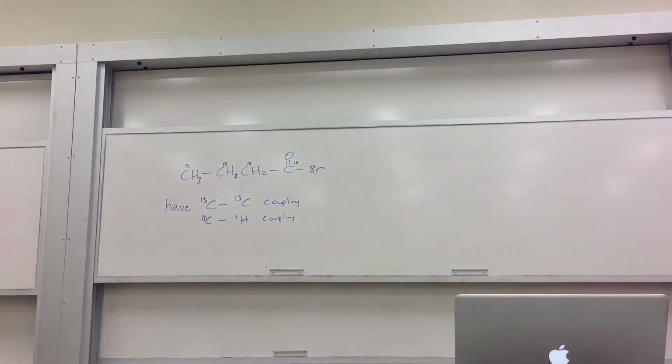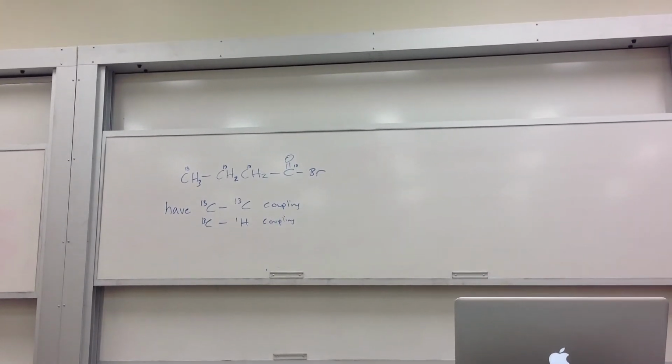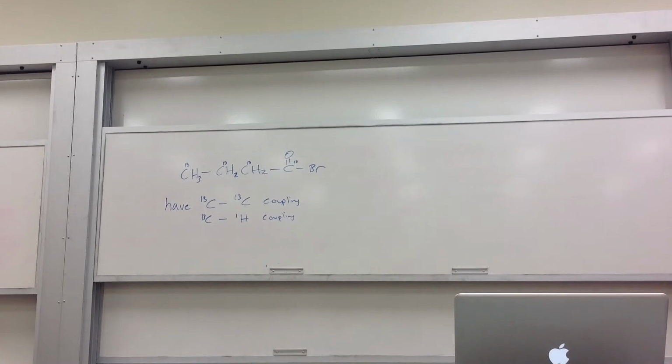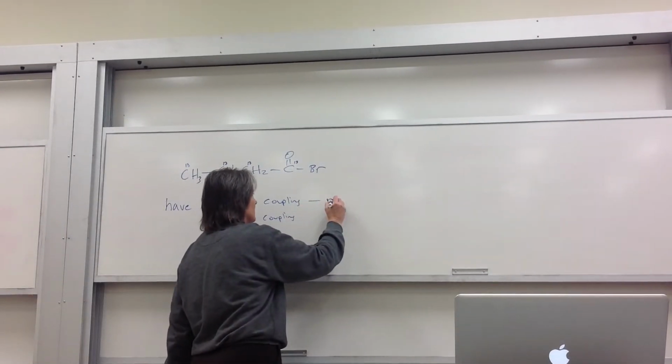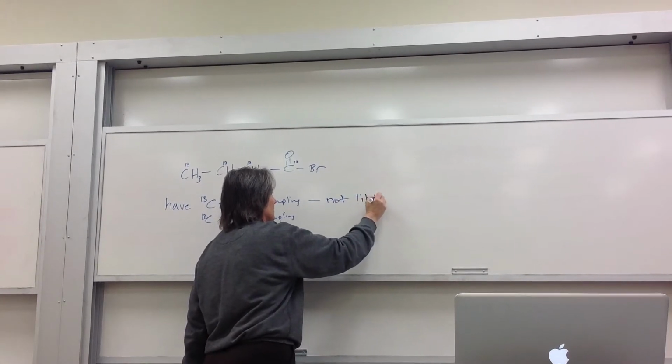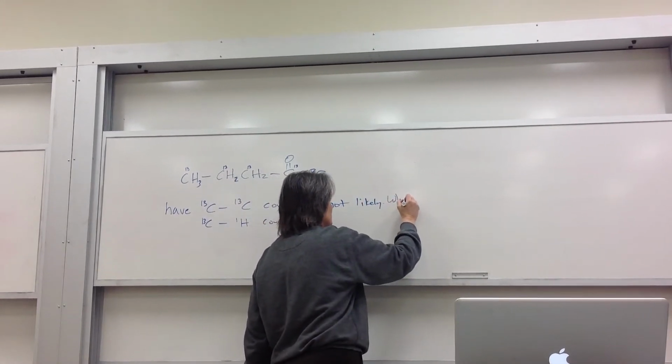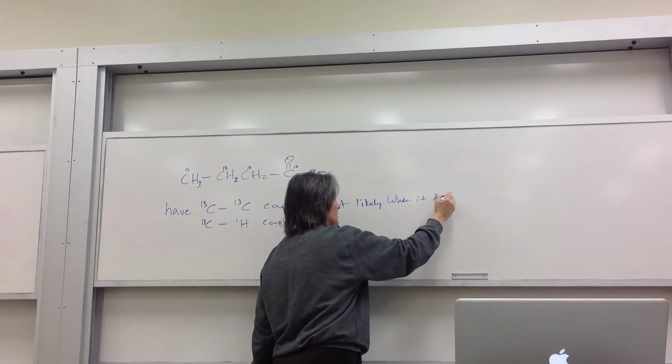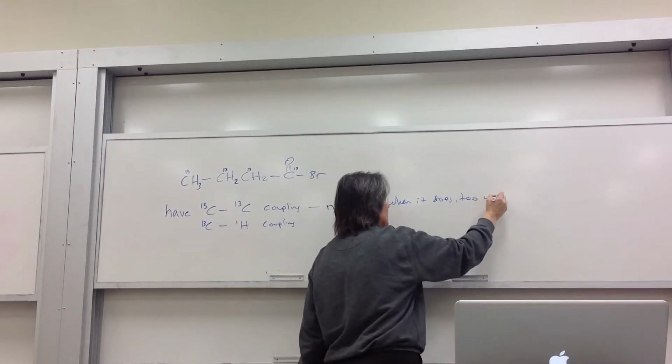So the odds of having them lined up next to each other are really, really slim. When they are lined up next to each other, they couple. Okay, but the signal's really weak. And so the odds of this occurring is not likely. When it does, which it will, it's too weak to see.